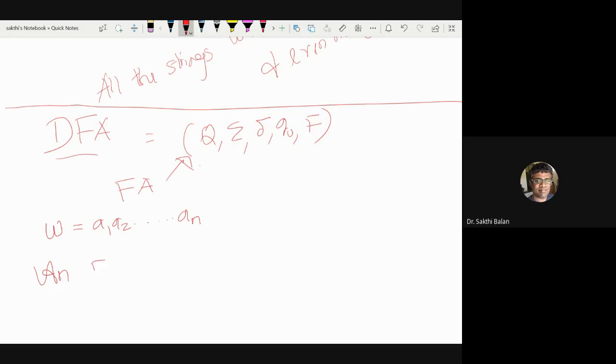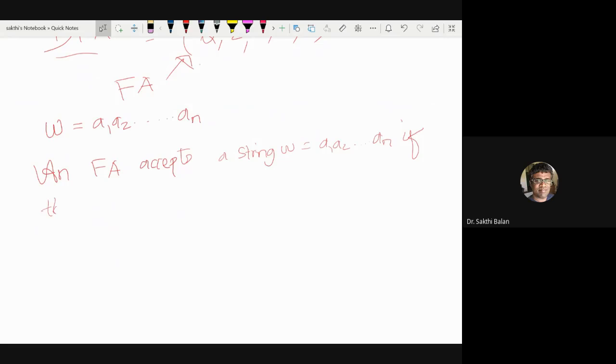And FA accepts a string W, where W is nothing but A1, A2, etc., AN, if there is a path in the transition diagram that has these 3 things.